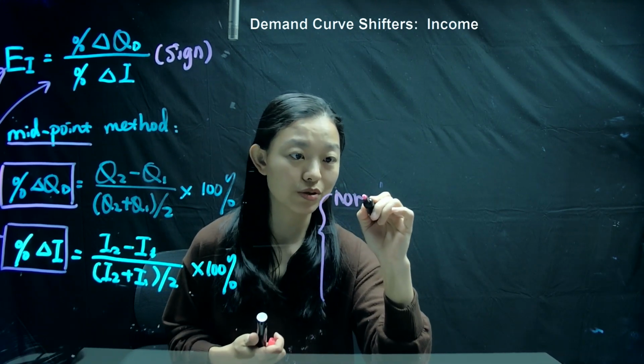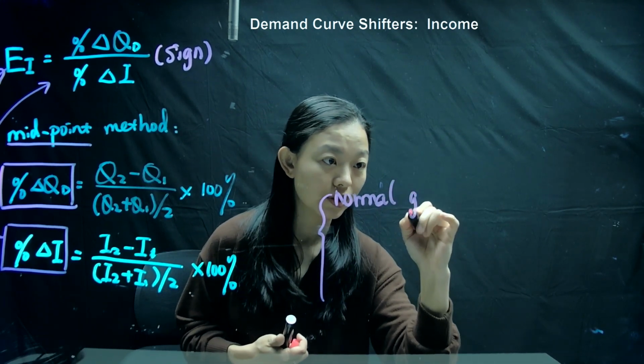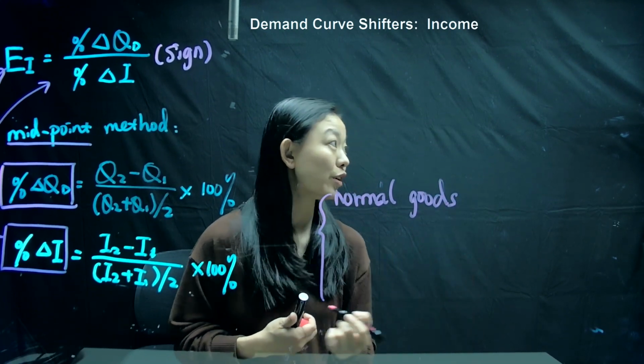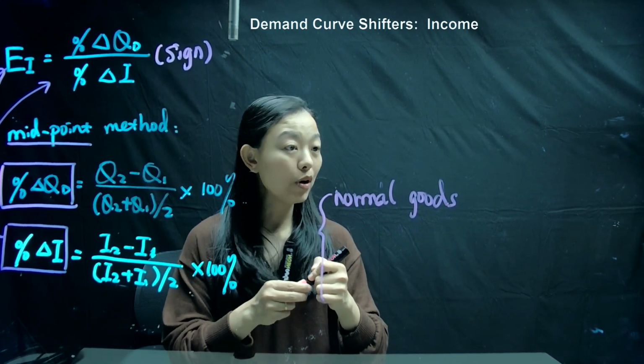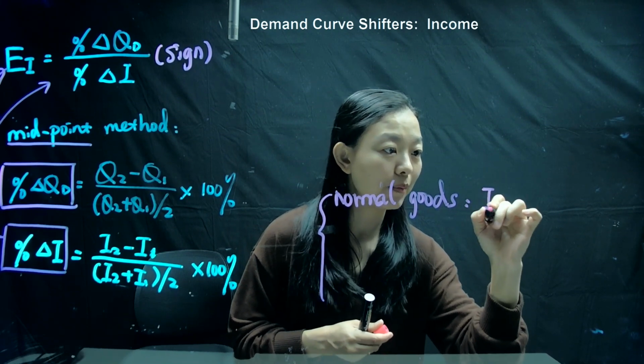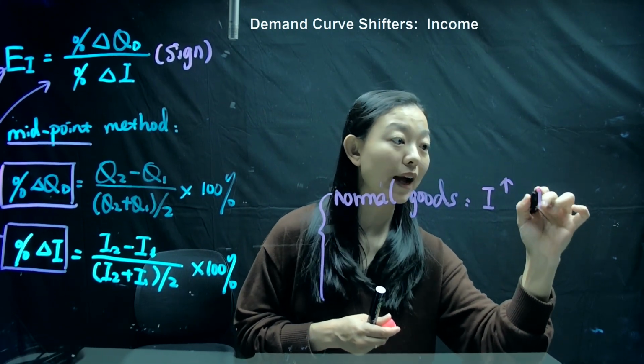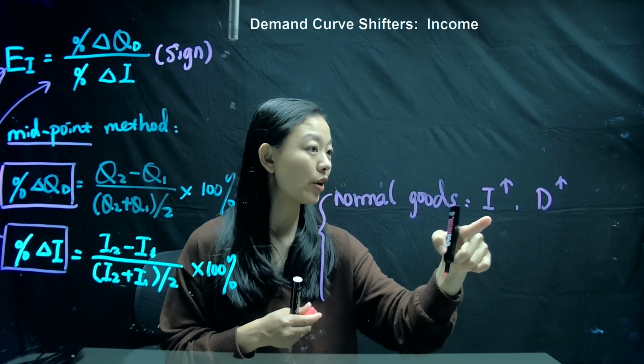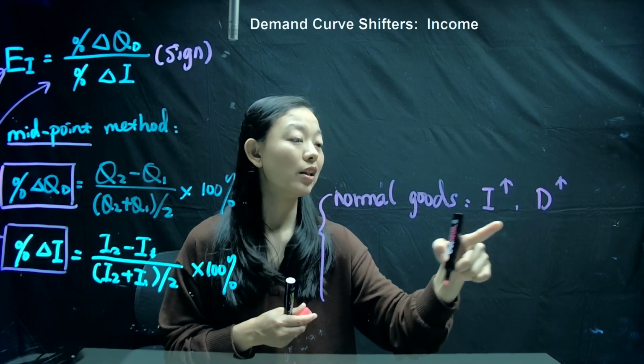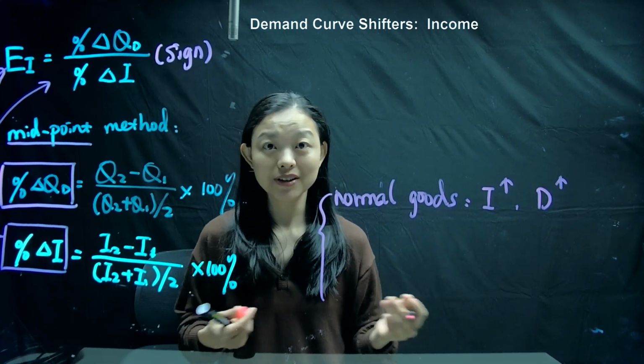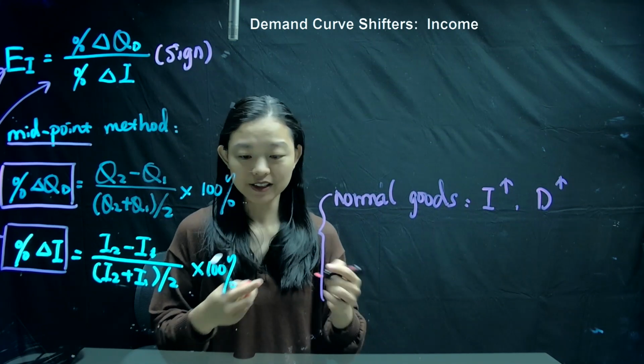One is normal goods. Do you still remember how we define normal goods? Normal goods means when income increases, you buy more, so demand increases, such as seafood or steak.